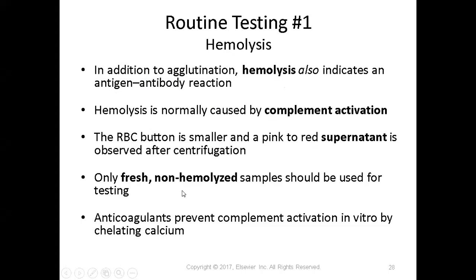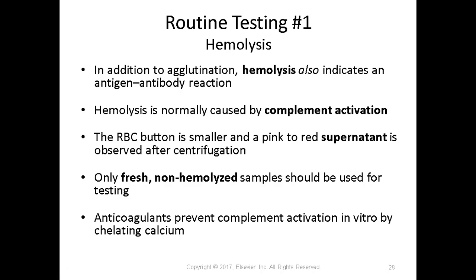So in blood bank, it's essential that only fresh, non-hemolyzed samples are used for testing. And so this is a phlebotomy consideration that is really adhered to. So let's say you are the phlebotomist and you're having a tough time getting the sample on a patient. Maybe you're using a butterfly and the sample gets to the blood bank. They're going to centrifuge it.